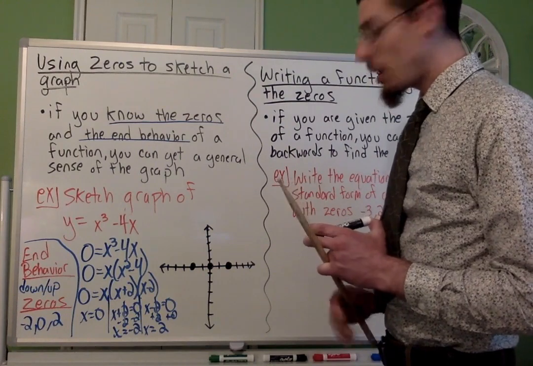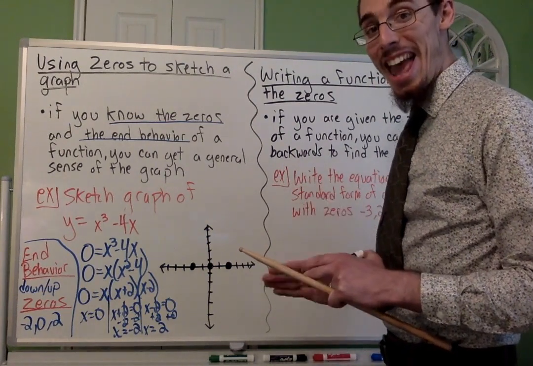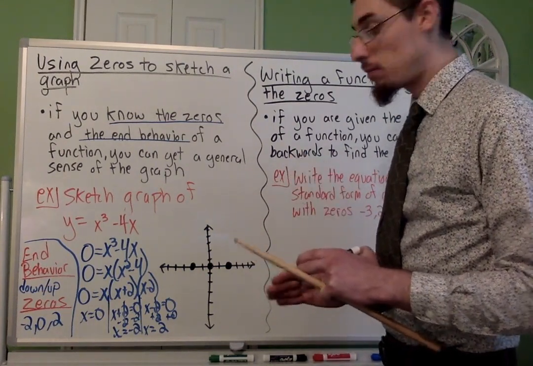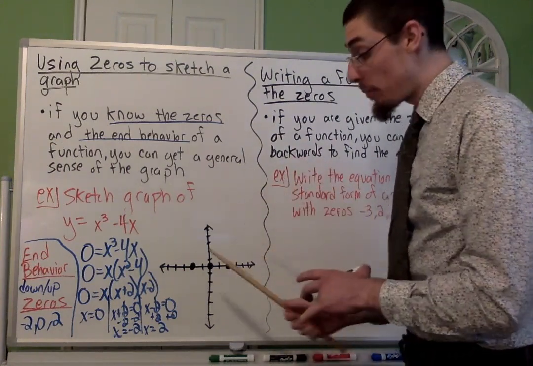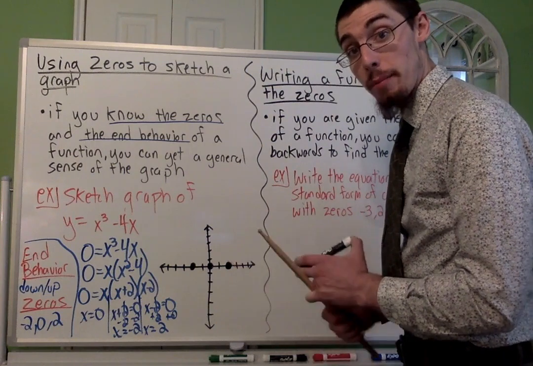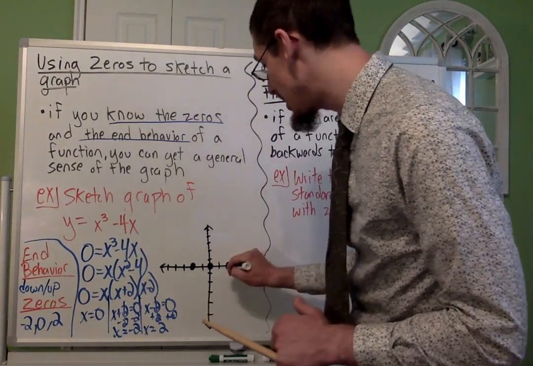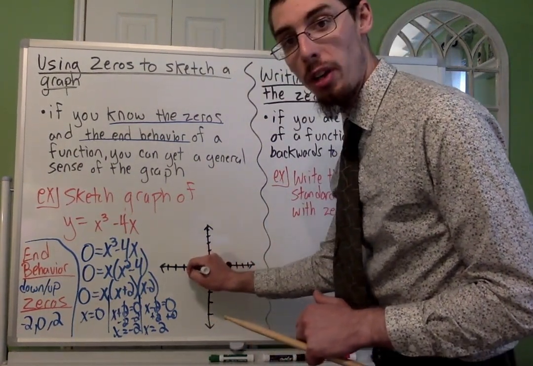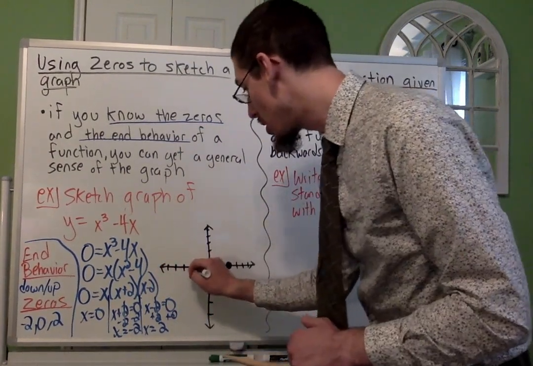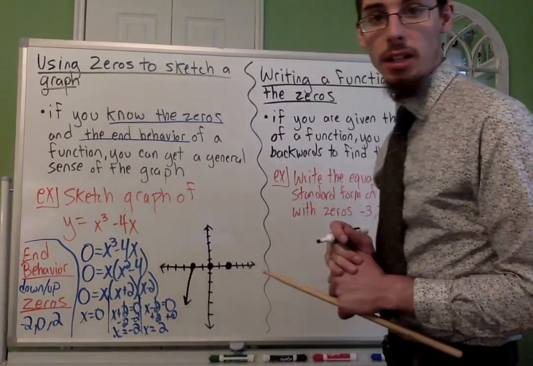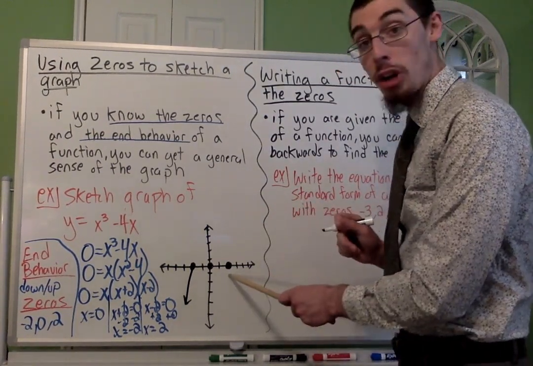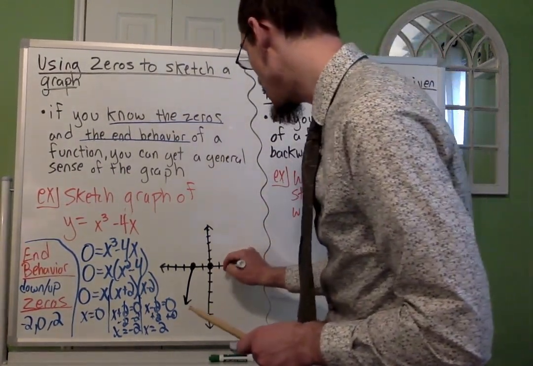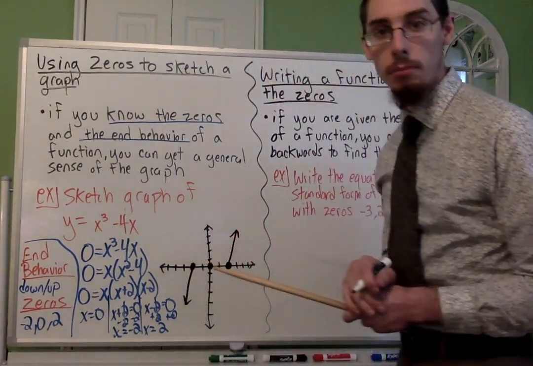Now, think about it. My end behavior is down and up. So, you got 3 points, right? What this means is that before this point to the left, the graph needs to be going down. After this point on the right, it needs to be going up.